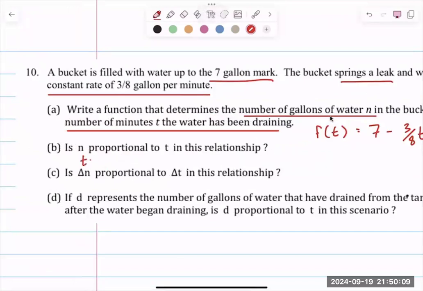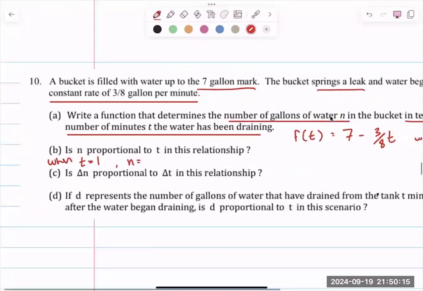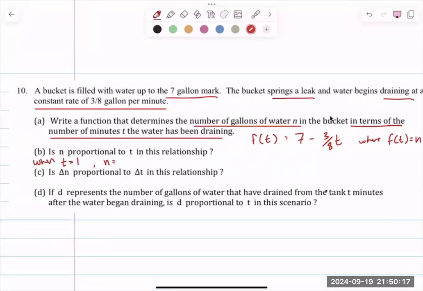Actually, let's do 8 minutes. Sorry, I keep changing the numbers. Last change, I promise. After 8 minutes, how many gallons are left in the bucket? Well, we're losing 3/8 of a gallon a minute. After 8 minutes, we've lost 3 gallons, so we have 4 gallons left.